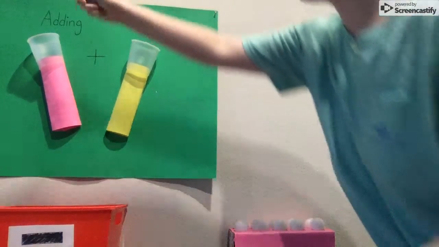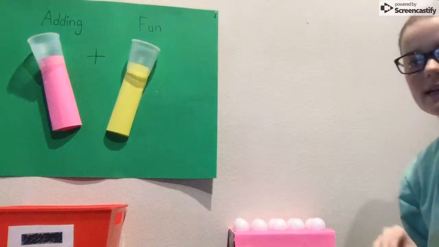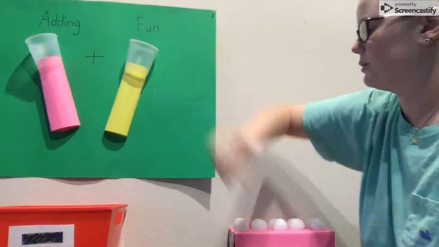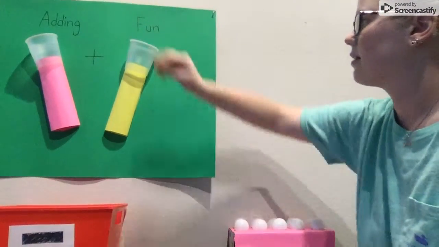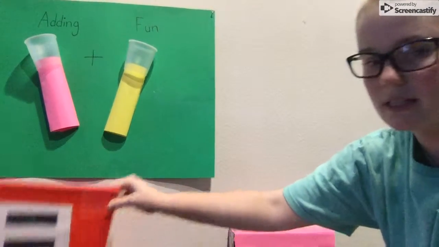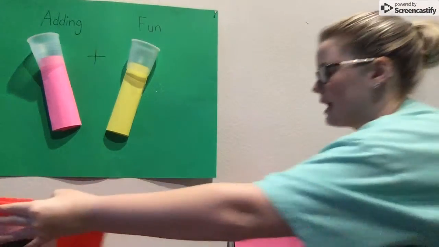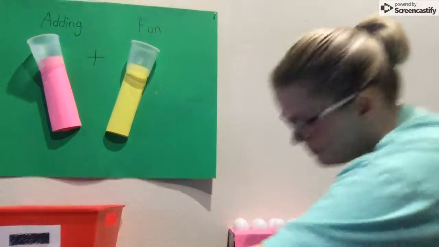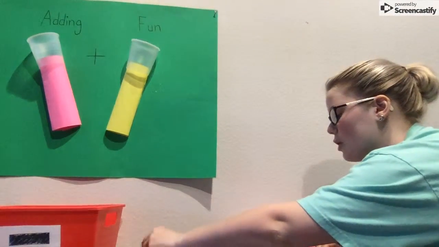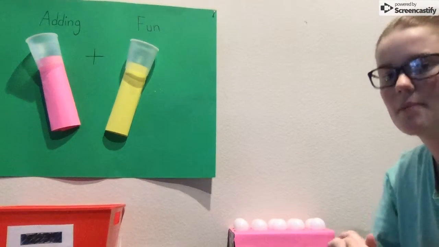I'm going to drop 3 into this pot. 1, 2, 3, plus 5. 1, 2, 3, 4, 5. And now the students would get their equal sign, and they would count how many marbles they have. Obviously we have 8. Then the students would write down an equation using the math terms.